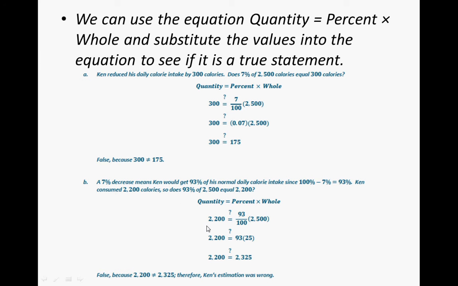If the quantity is 2,200, we want to know if that is 93% of 2,500. 2,500 divided by 100 is 25, and 93 divided by 100 is 93. So 93 times 25 is 2,325, which means it is not equal, so this is a false statement. Therefore, Ken's estimation is wrong.